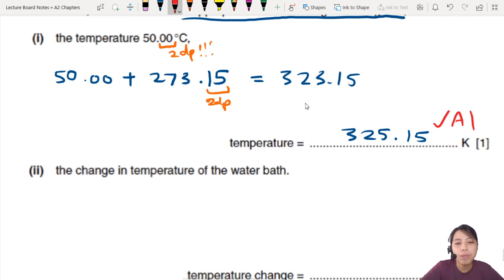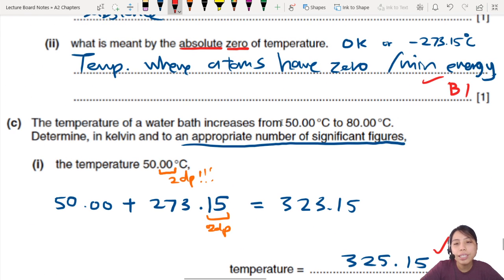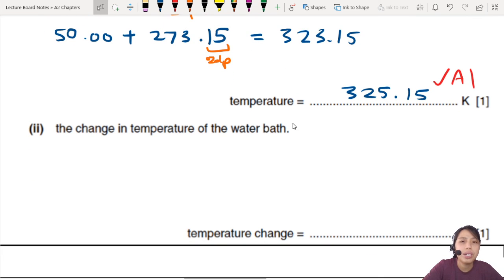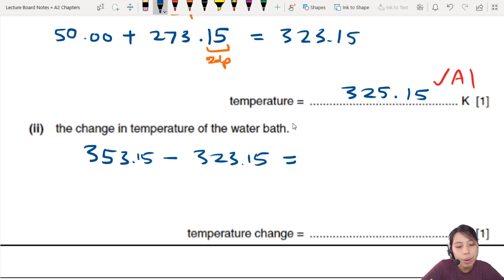The change in temperature of the water bath. For change in temperature, you don't need to convert to Kelvin, but if you really want to, sure, you can go ahead. If you convert to Kelvin, it will be 353.15 minus 323.15, all in Kelvin, so you get 30.00 Kelvin. Why 00? Because 15 minus 15 is 00.